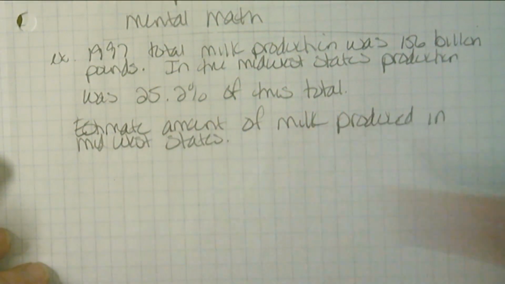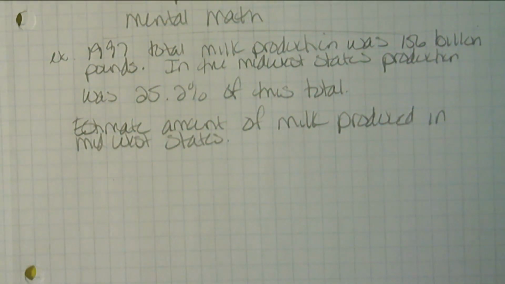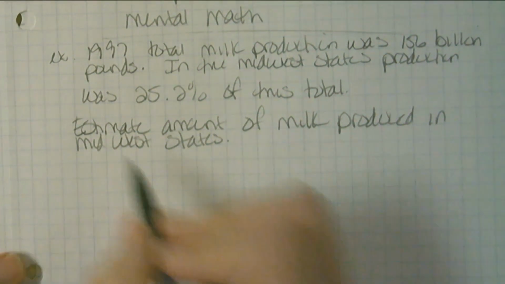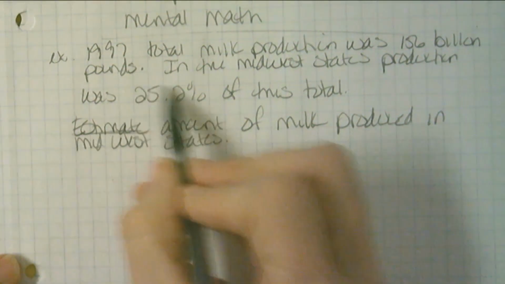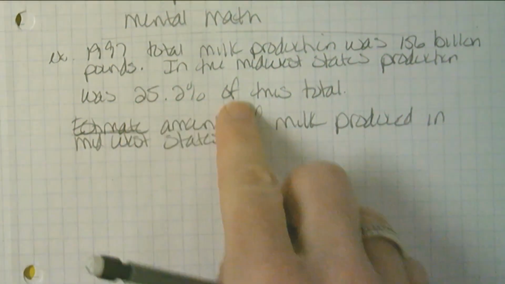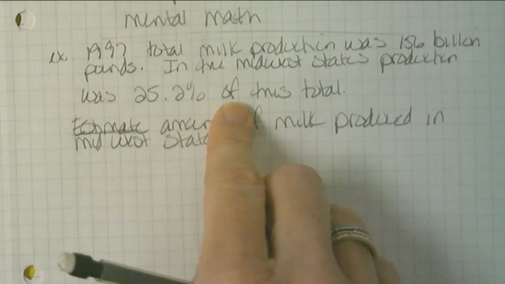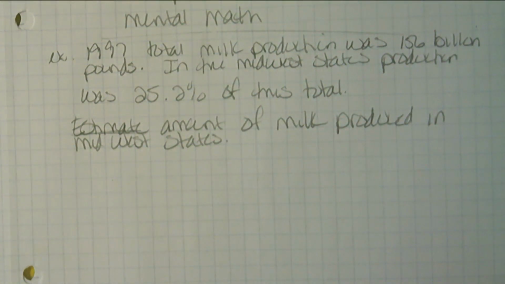Now, if they just said find the amount of milk, we would use 25.2% exactly. All right, but they're saying estimate. So I am going to start with that exact percentage, but then we're going to estimate and change that percentage to a fraction where we can do mental math.